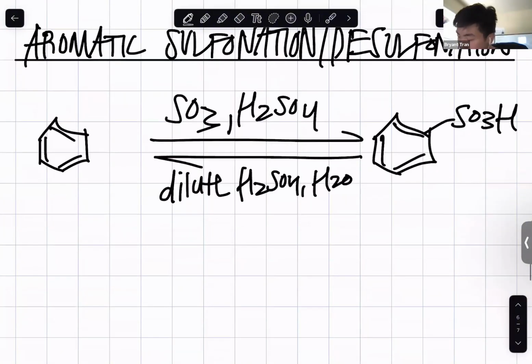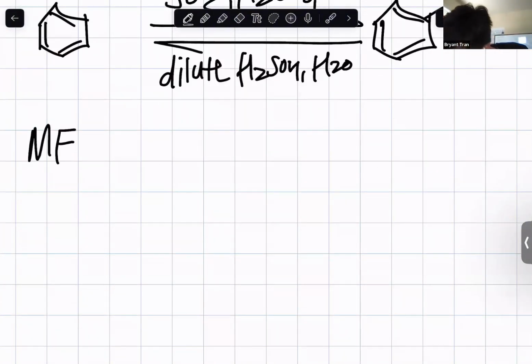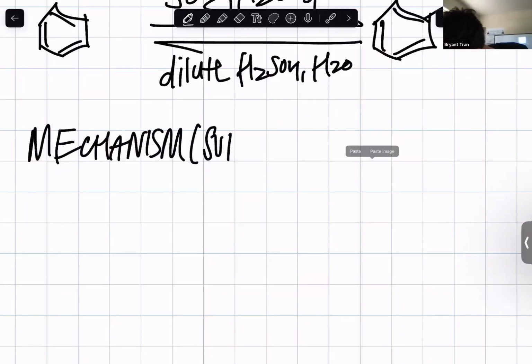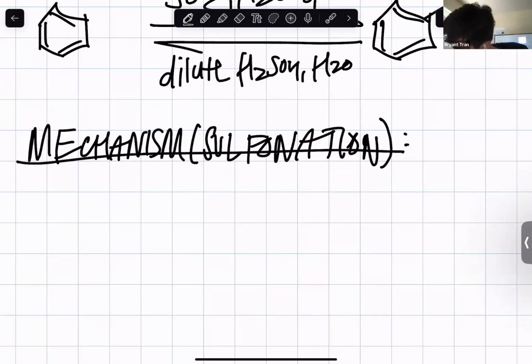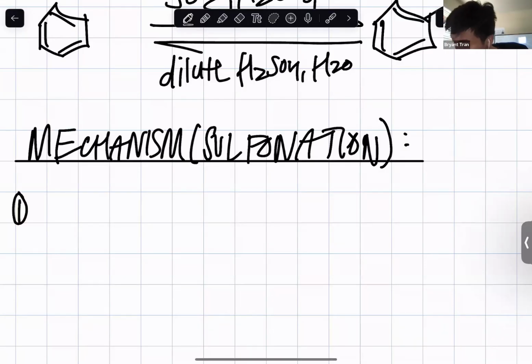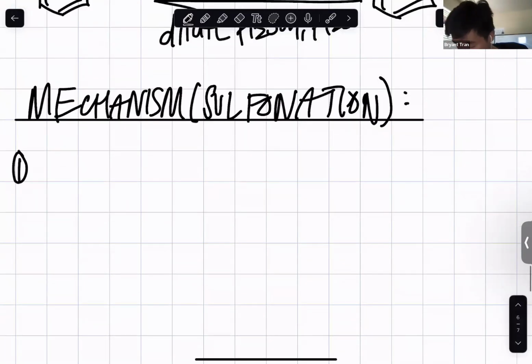So here's the mechanism for sulfonation. Okay. So the first step is to generate our electrophile.